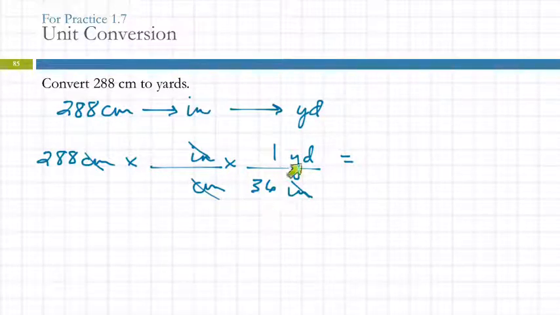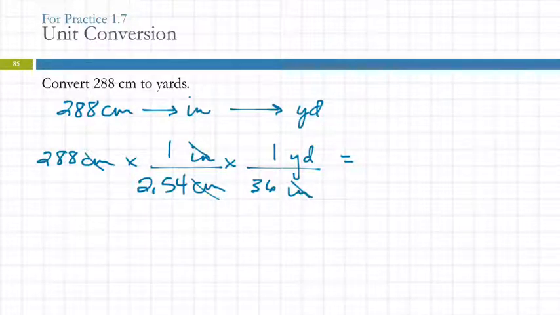That's what makes this equivalent to 1 and doesn't cause us to be changing this length. We're just changing the unit. Inches and centimeters: 1 inch equals 2.54 centimeters. Sometimes this is upside down. When we have centimeters on top, the 2.54 is still with the centimeter. So you've got all the numbers in place.